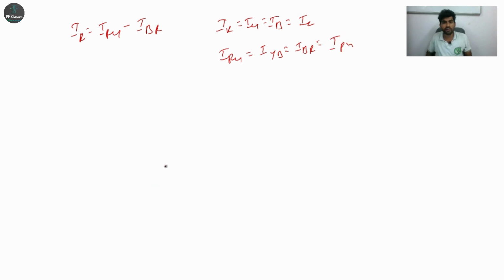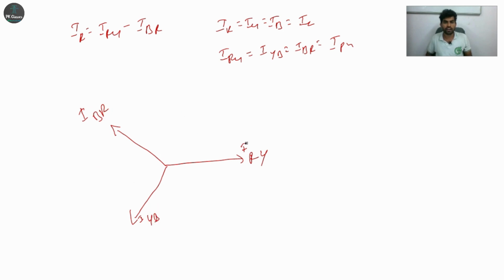So I'll be drawing one diagram over here. This is R conductor, this is Y conductor, this is B conductor. I'll just mark currents IR, IY, and then this is IB, right? So R is followed by Y, and then B is followed by R, and then Y is followed by B, right?